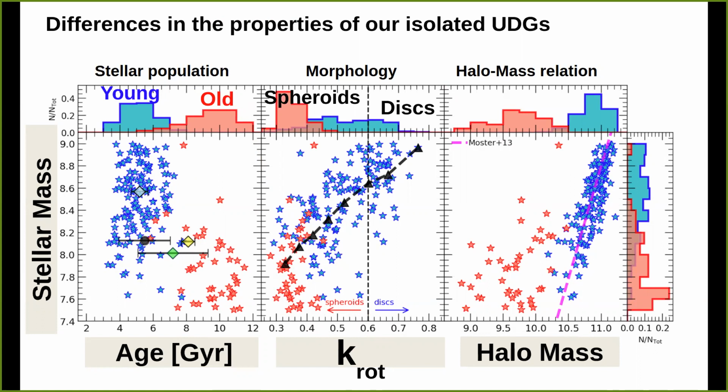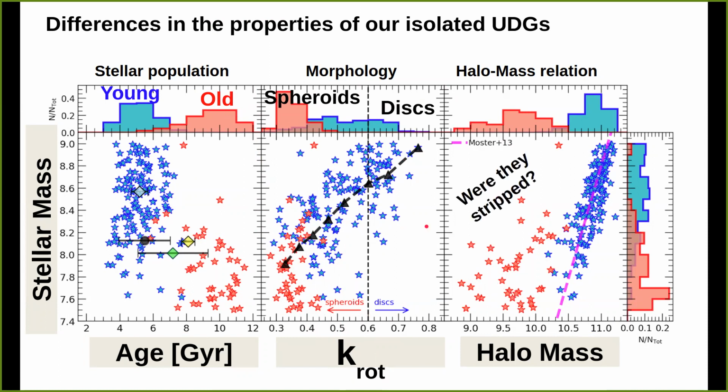Above 0.5, we have a disk structure, and below, preferentially, spherical morphologies. So our red UDGs are all dominated by spheroidals, and some of our blue UDGs have disk structures.